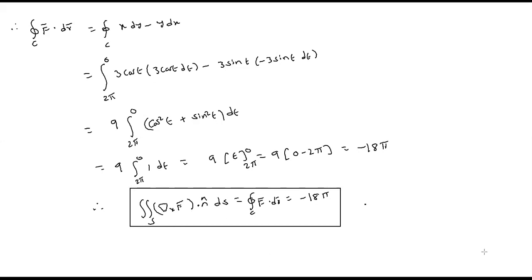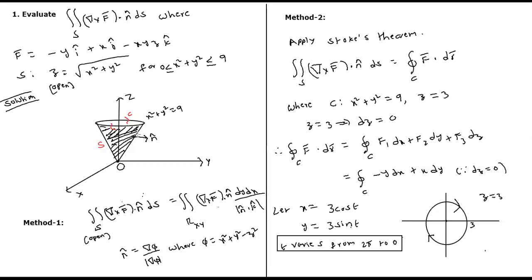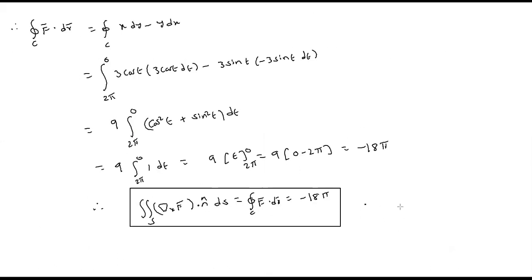Suppose n is the inward normal vector, then the orientation of the boundary is to be given accordingly, anti-clockwise, and the answer would just change sign: plus 18 pi. But 99% of the time nobody will mention the direction of the normal vector. By default, it is the outward normal vector.